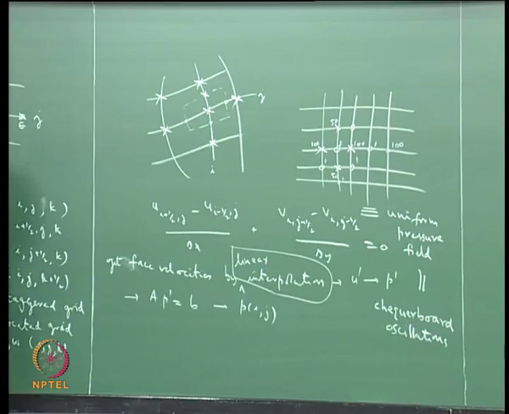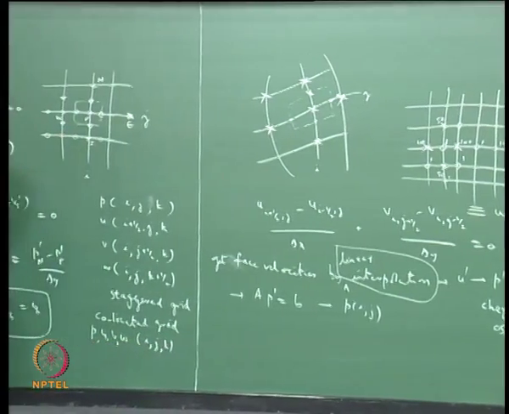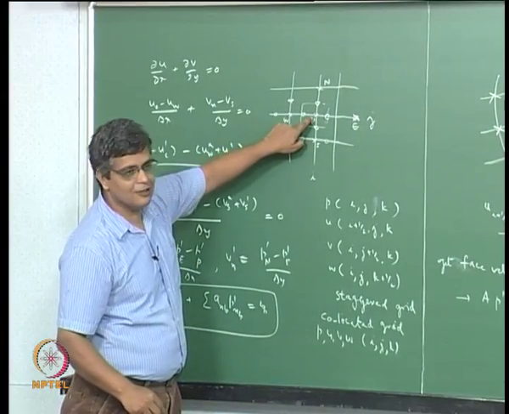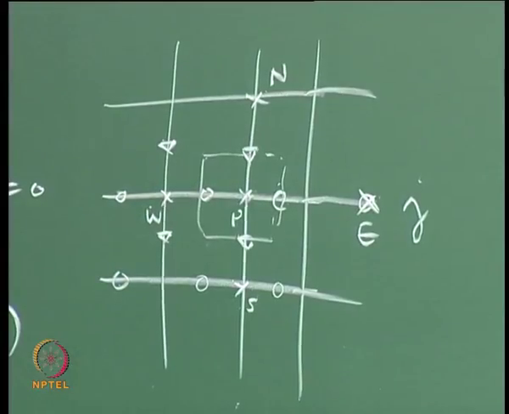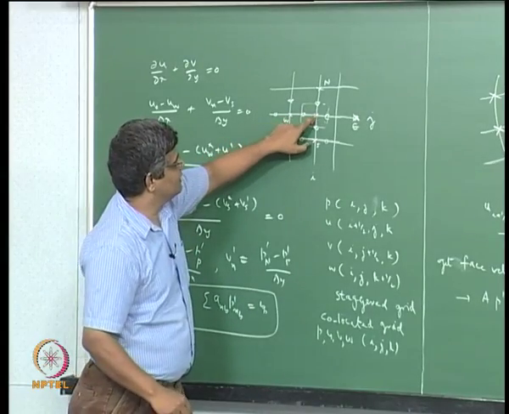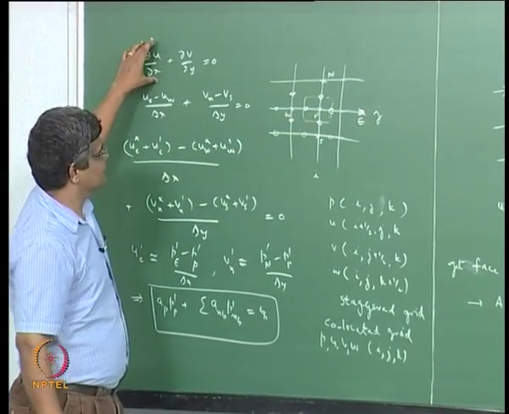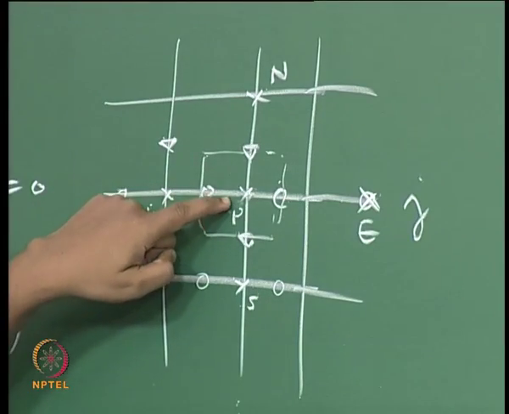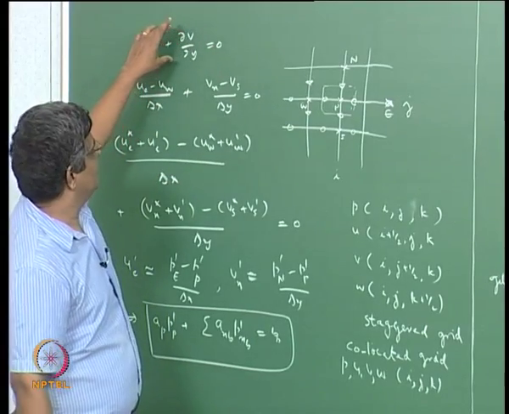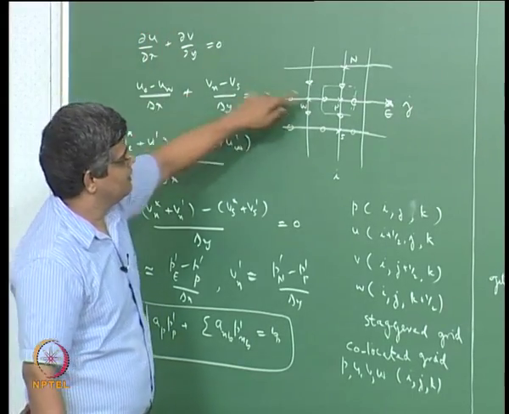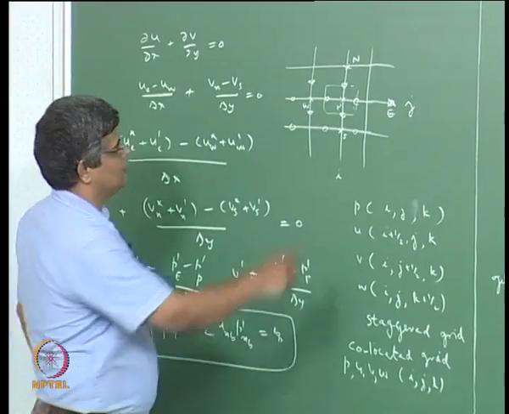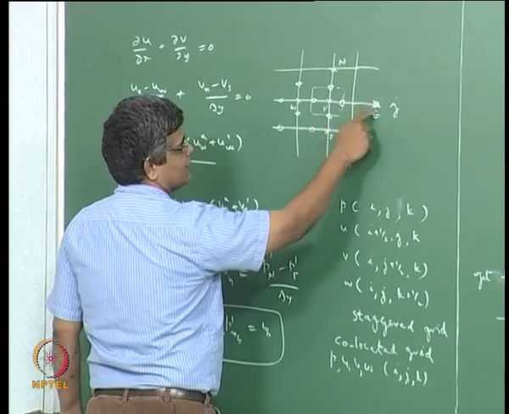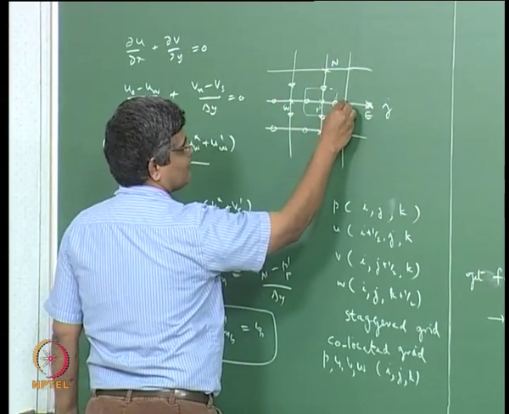But when you use the staggered grid approach, we can see here that the pressure at the central point is strongly influencing the pressure variation at this particular point. The discretized momentum equation at point P, discretized continuity equation at point P, which determines the value of pressure, has a component of weightage of 4 here, and a weightage of 1 from all these points here.